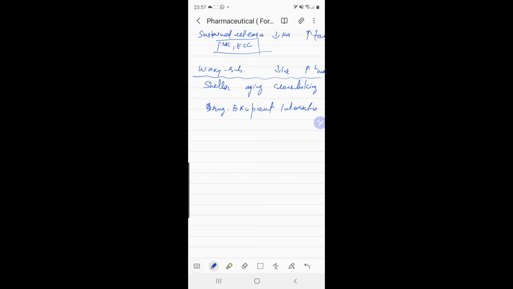This interaction may be responsible for some delay or for no absorption of the drug. The example is tetracycline with calcium, so DCP may not be used with tetracycline category drug products.